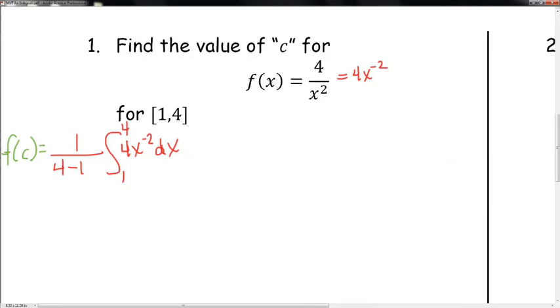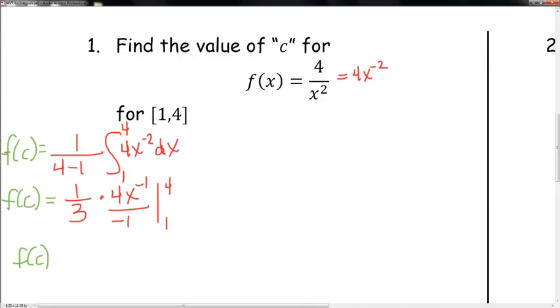When I take my antiderivative, let me simplify this. This will be 1/3, and the antiderivative of this guy is going to be 4x to the negative 1 over negative 1, evaluating from 1 to 4. Some sort of f of c is equal to, let's do negative 4 over 3. Let's move that x down so we know what we're doing when we plug in.